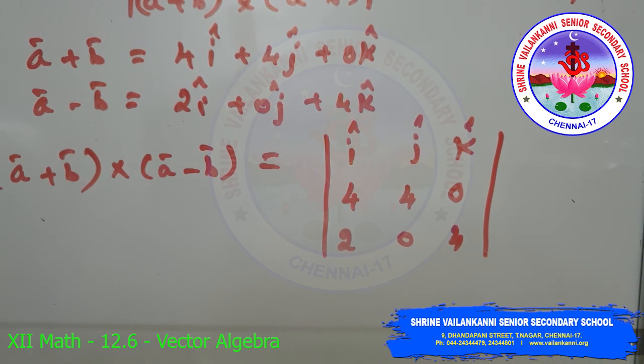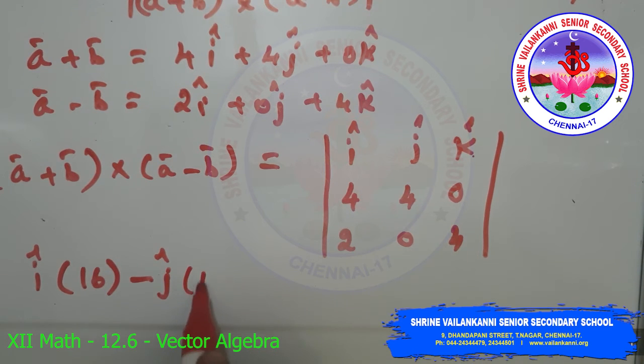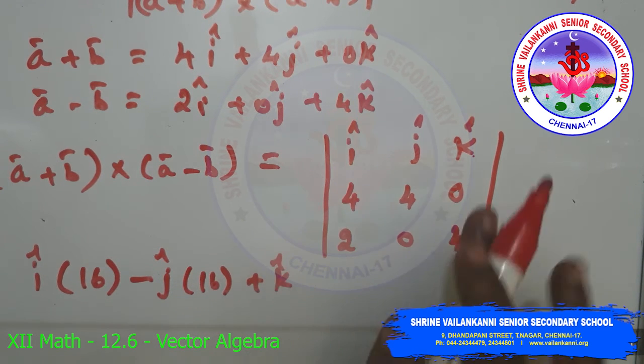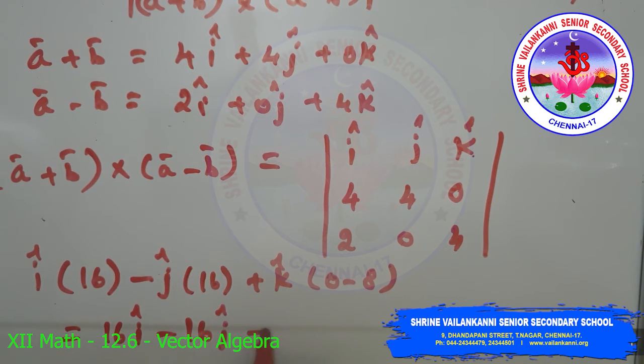So when expanding along the first row, i into deleting this row and a column, so 4 into 4, 16 minus 0. Minus of j into deleting this row and a column, we get 16 minus 0 plus k into 0 minus 8, which is equal to 16i minus 16j minus 8k.